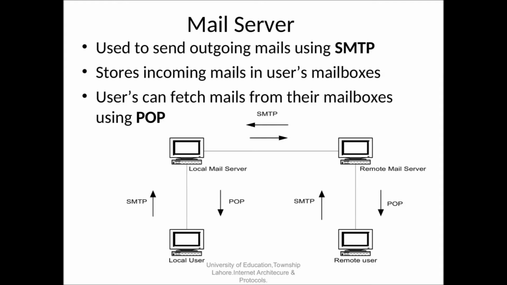When the local or remote user sends an email, Simple Mail Transfer Protocol is used on both sides. And whenever the user or the remote user opens an email, the email will be opened by POP or Post Office Protocol. So in both cases, email is sent with the help of Simple Mail Transfer Protocol, and it can be opened by the user with the help of Post Office Protocol.